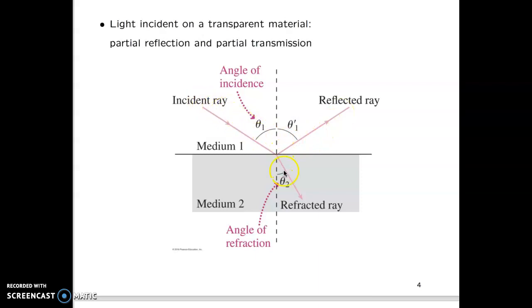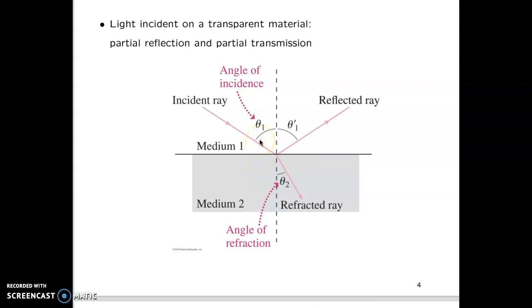Some light goes into the glass. Okay, and this portion of the light that goes into the second medium, medium number 2, we call that the refracted ray. And it turns out this angle theta 1 and this angle theta 2 are not equal. Okay, generally speaking, they're not equal.